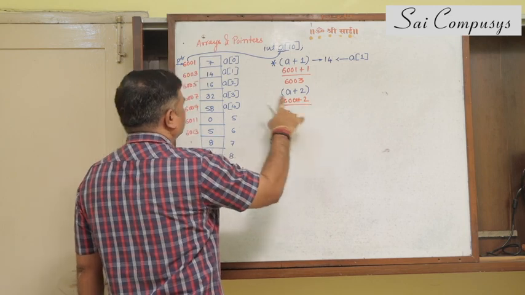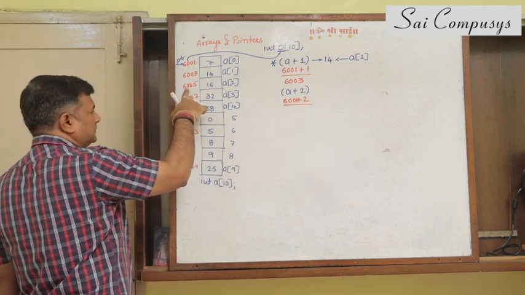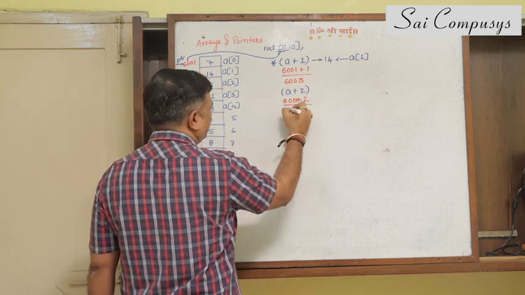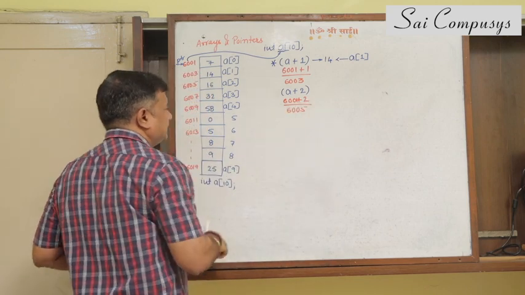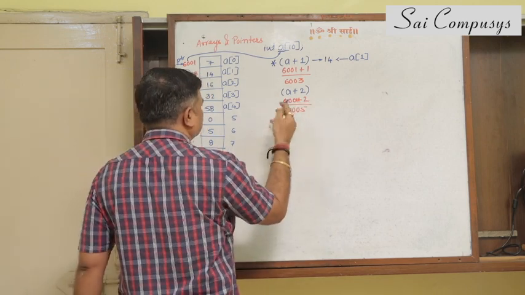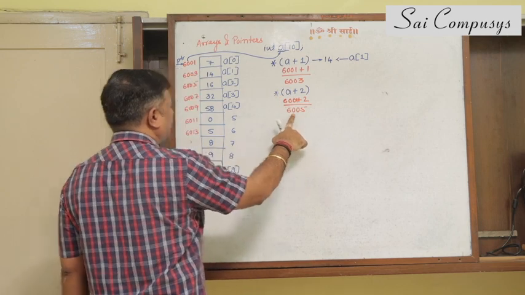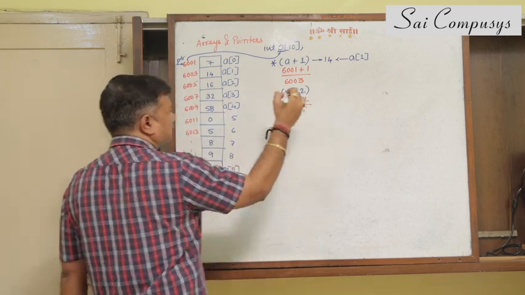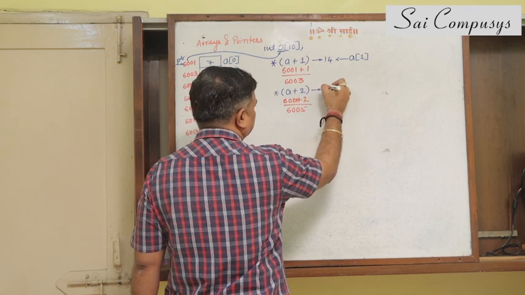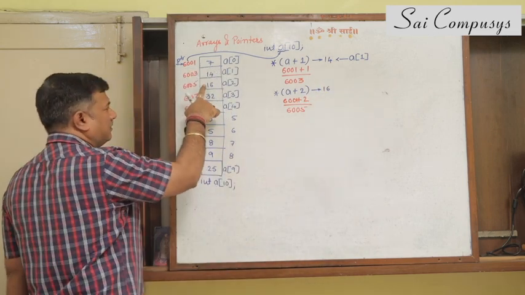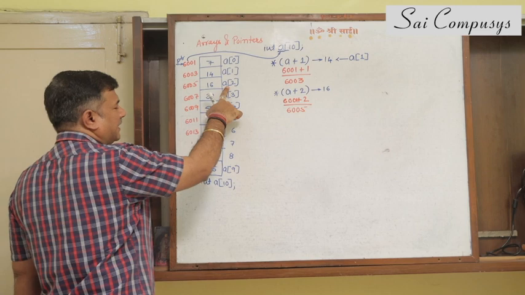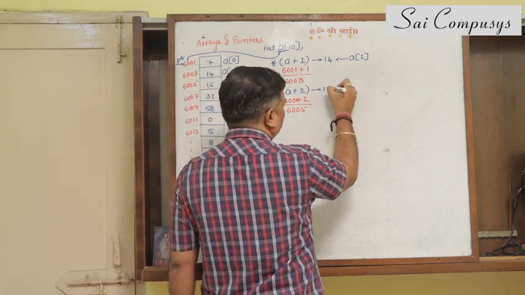Address plus 2, so you have to jump twice, so that you will be getting 6005. 6005, if I put a star over here, it means value at address 6005. Value at address 6005 is 16. The same number 16 I could have got by writing this, that is A of 2.